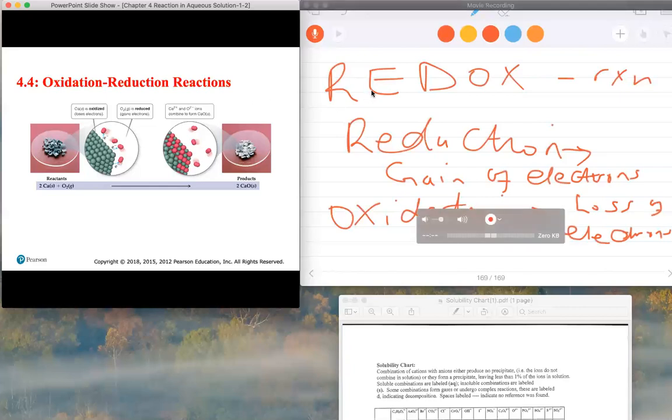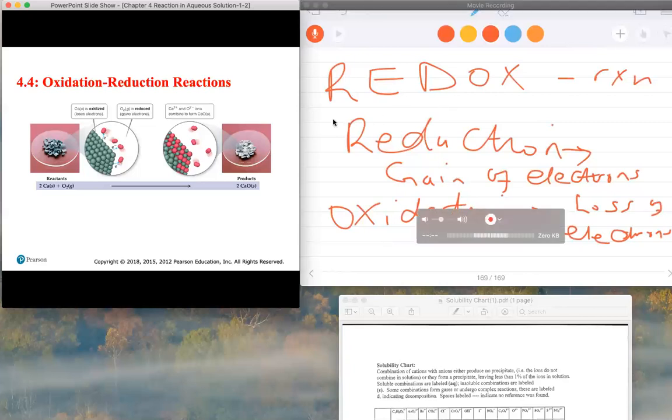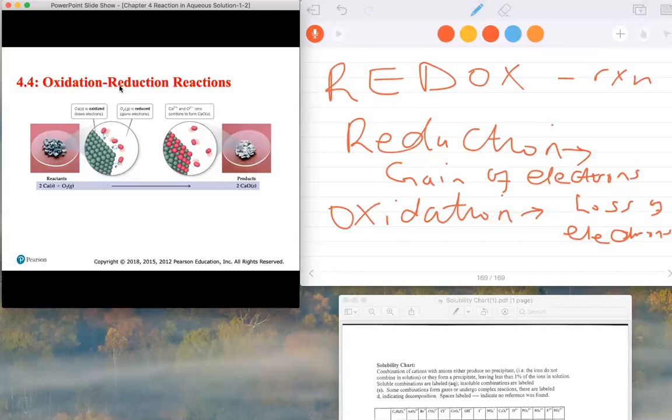So redox reactions are two types of reaction going on: gain of electrons and loss of electrons. When one species is losing, the other one is gaining. The electrons are not lost into the atmosphere. So two reactions are taking place simultaneously, and we just abbreviate it as redox reaction. When you see oxidation and reduction, these are the two types of reactions.